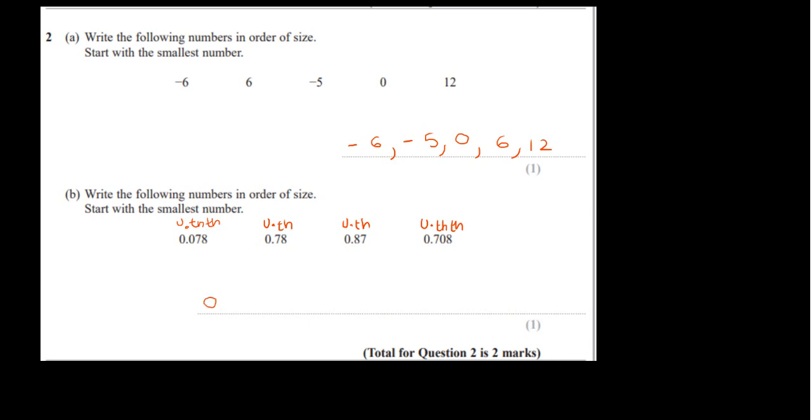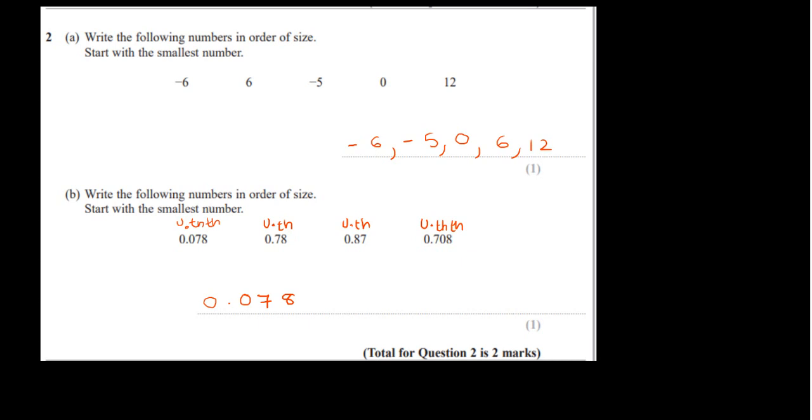That's 0.078. So we've done the first bit. We've got two numbers that shared the same tenth, which was 7. Those two numbers are 0.78 and 0.708. For those two numbers, now we're going to compare the hundredths. 0.708 has a hundredth of 0, and 0.78 has a hundredth of 8.